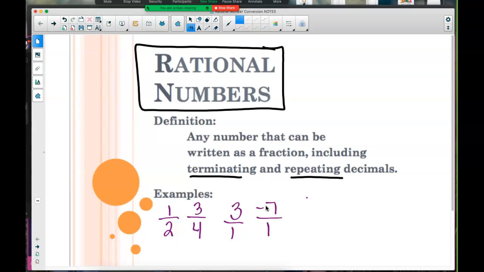So decimals like 0.5 or 0.25, those decimals stop or end, they're terminating decimals. We can also have repeating decimals like 0.3 repeating, 0.6 repeating. A repeating decimal is also a rational number.